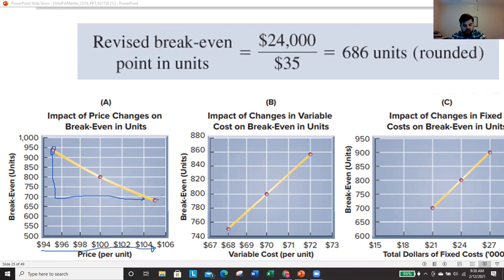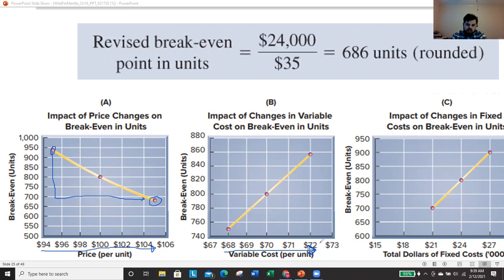But when I sell at $105, I only need about 700 units to break even. So we're seeing this, and that seems to make sense. The more money I can make on each sale, the less units I have to sell. Now on the other side, as my variable cost is increasing, so my variable cost is going up, you'll notice that means my contribution margin per unit, assuming selling price isn't changing, is going down.